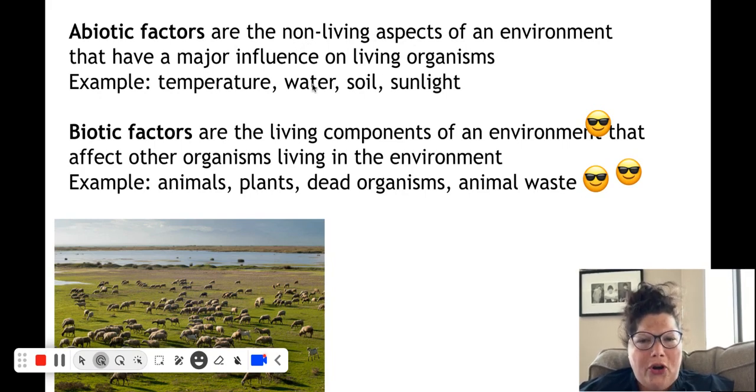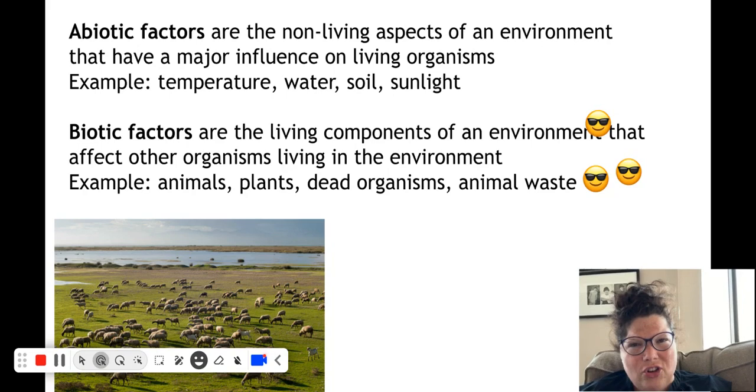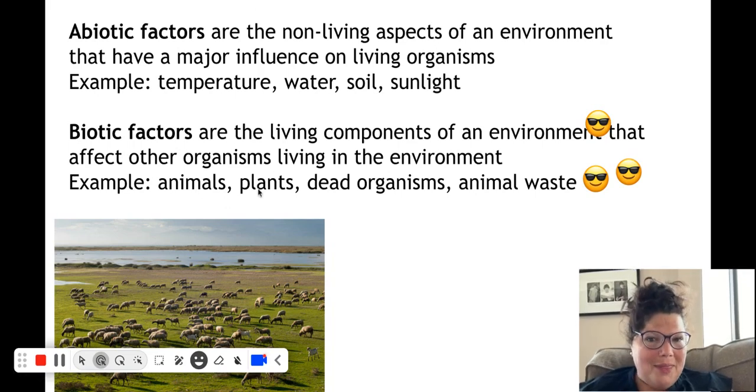Temperature, water, soil, sunlight. Where our biotic ones, these are living. So this would be the organisms that live in there and what factors are affecting those living organisms. So that would be the animals in there, the plants in there, the producers, what dead organisms, how much do we have, and animal waste.